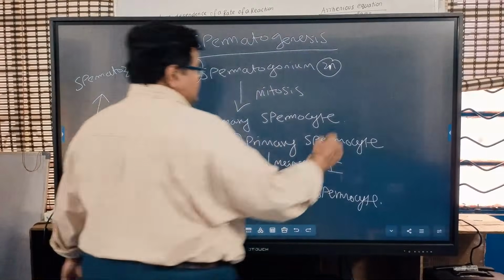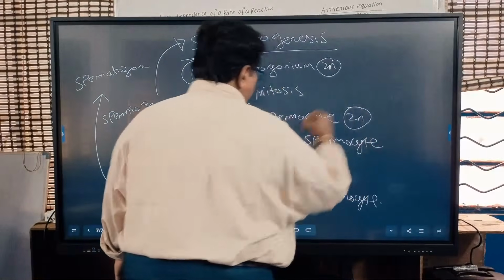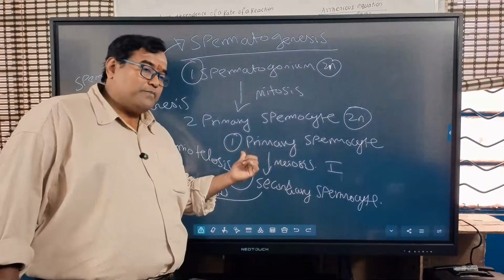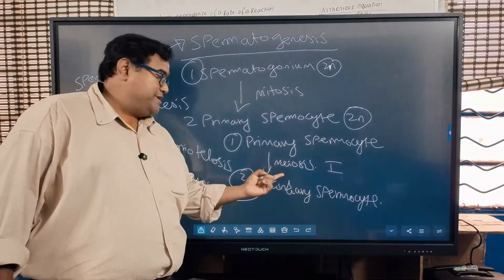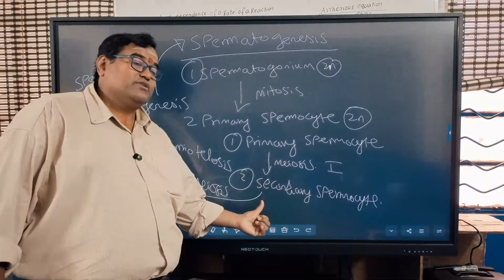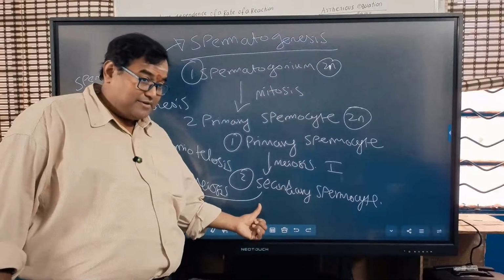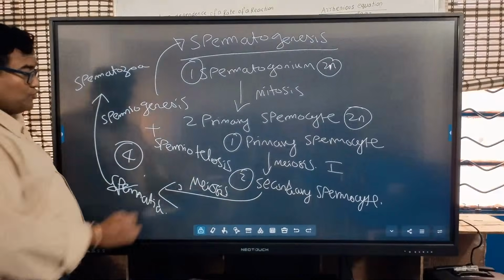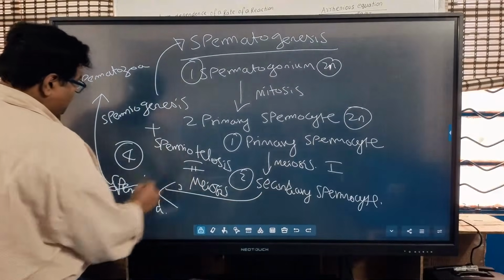The primary spermatocyte is also diploid. From the 2, I am taking only 1. When it undergoes meiosis 1, you get 2 secondary spermatocytes. When these undergo meiosis 2, you will get 4 spermatids.